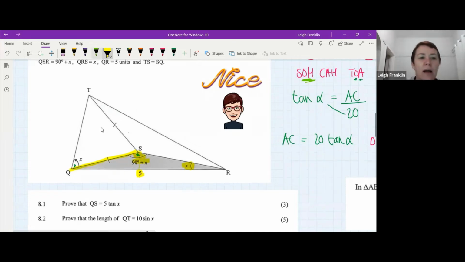So here it's not side, side, angle, it's side, angle, angle. This one and this one are opposite one another, a side and an angle. And this angle that we've been given is opposite the side that we want. Okay, that's how we know we've got to use the cosine rule.